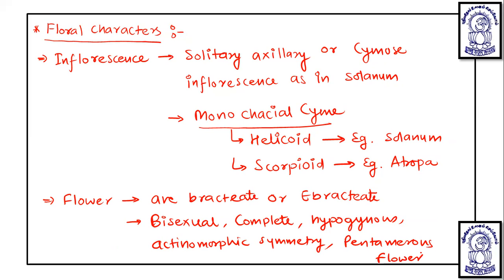Now, in the flower, if you talk about all the different whorls, that is calyx, corolla, androecium, and gynoecium, one by one we will come to know by studying the floral formula. In calyx there are five sepals, and these five sepals are fused, so it is gamosepalous condition.